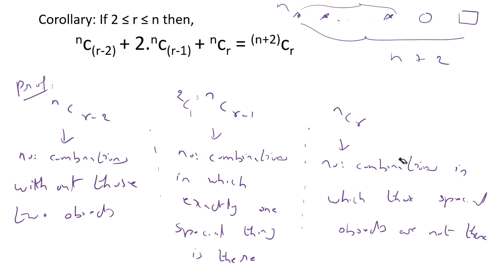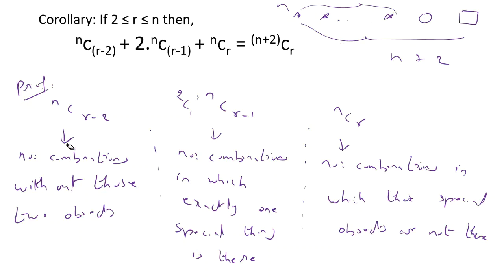So if I add all these things, then I will get the number of ways in which I can select r objects out of these n plus 2 objects.